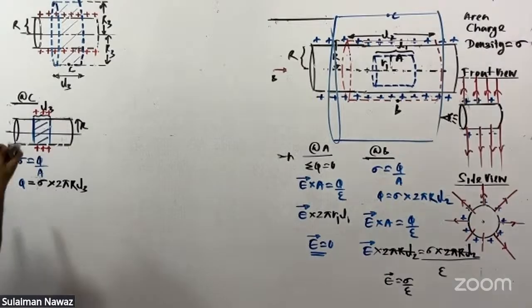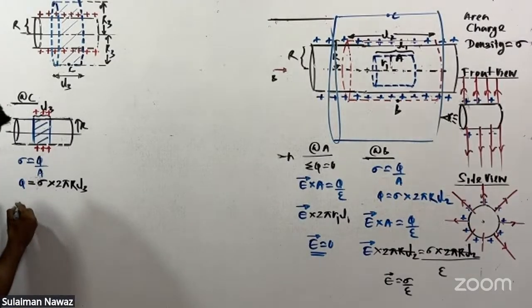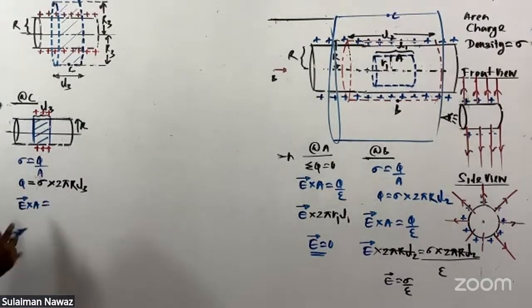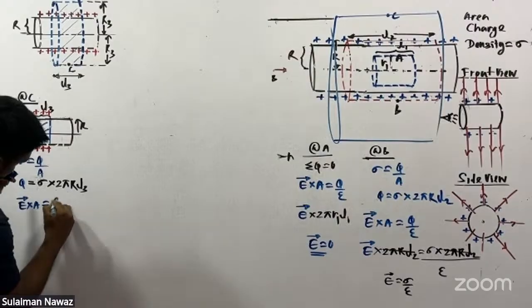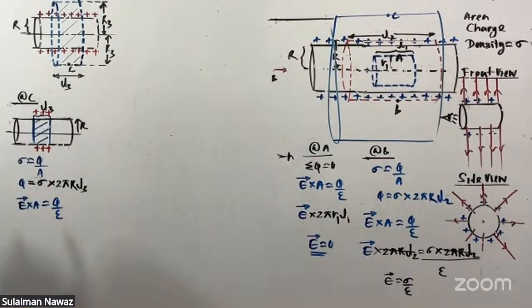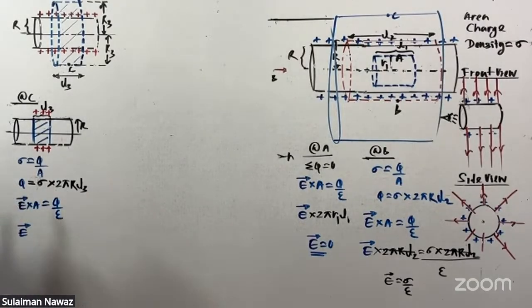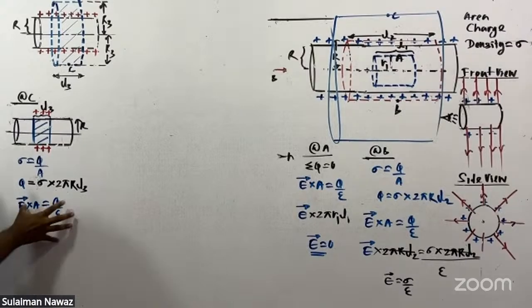Clear, right? Then we can write the equation: intensity into area is going to be equal to Q over epsilon. I want to find the intensity, capital E. What is the area going to be? Remember, in this equation, area always means the Gaussian surface area.